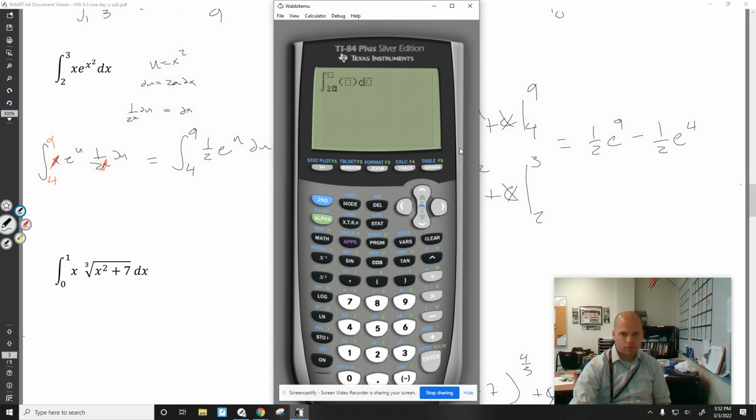The integral from 2 to 3 of x e to the x squared dx is going to be a big number, but I believe that's 1/9 e to the 9th minus 1/4 e to the 4th.